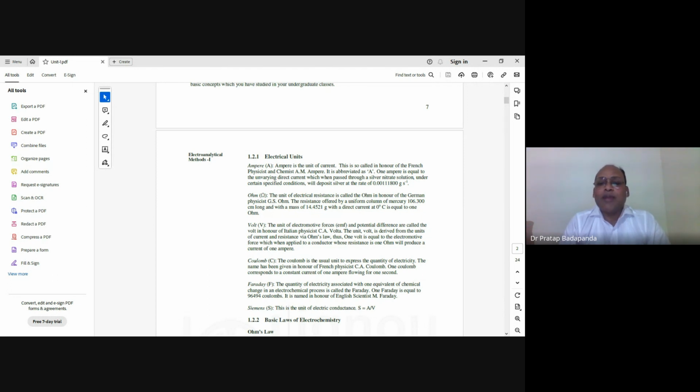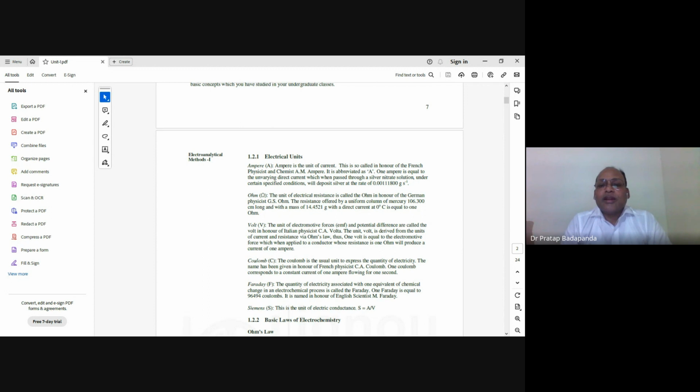Due to his name, this unit is denoted as the ampere, and also represented as A. And one more thing is there. If a direct current passes through the silver nitrate solution, it is given here as 1 ampere of current.